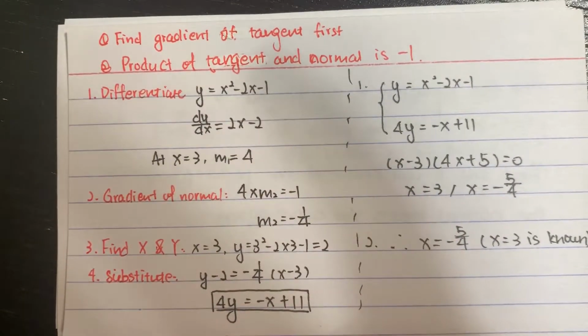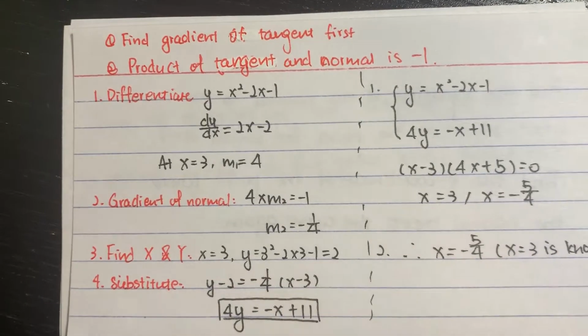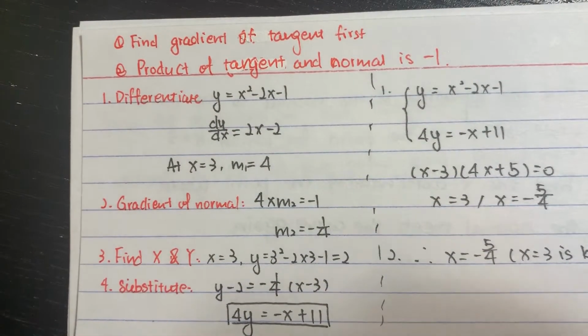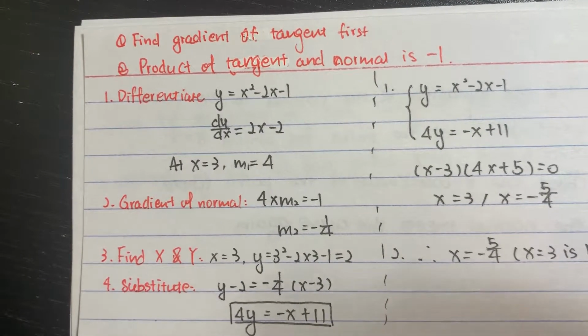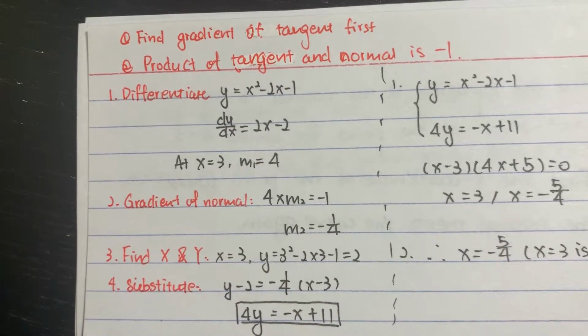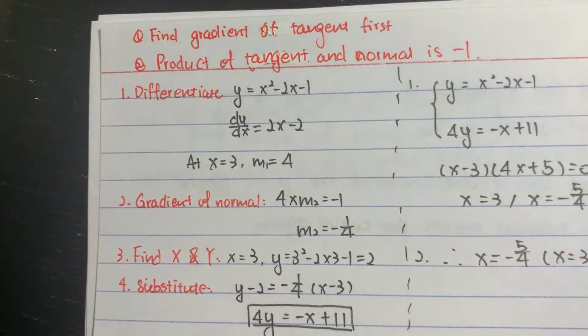And then you have to find the gradient of the normal. If they are perpendicular, the product of the slopes of the tangent and normal is -1. So you set up 4 times m2, where m2 is the slope of the normal, and you find that m2 is -1/4.